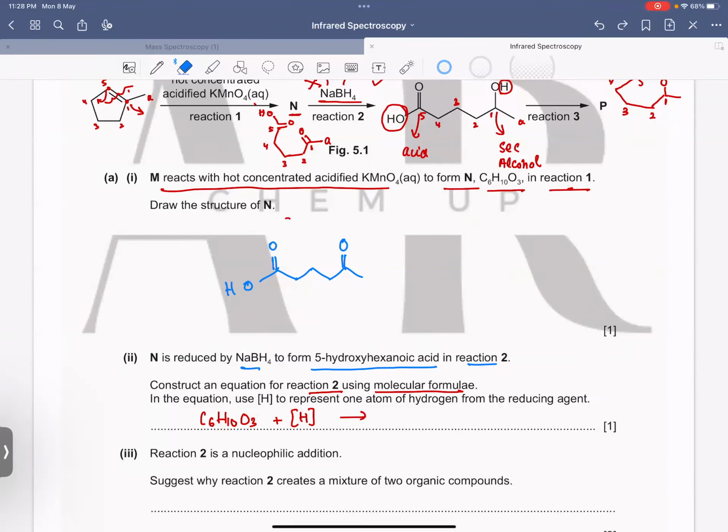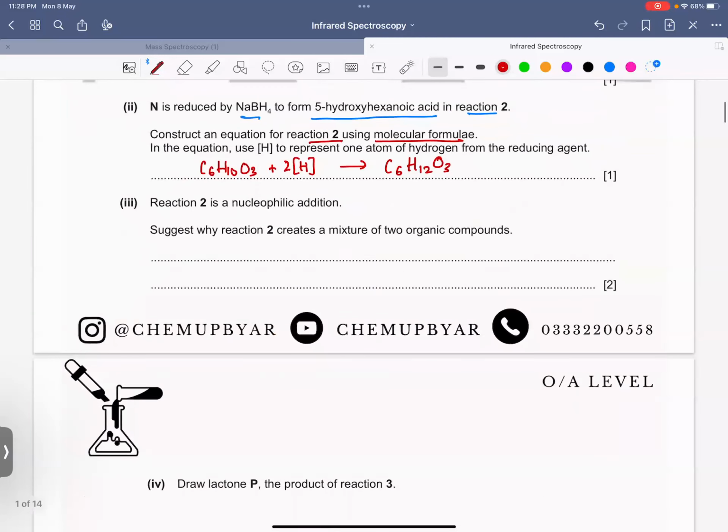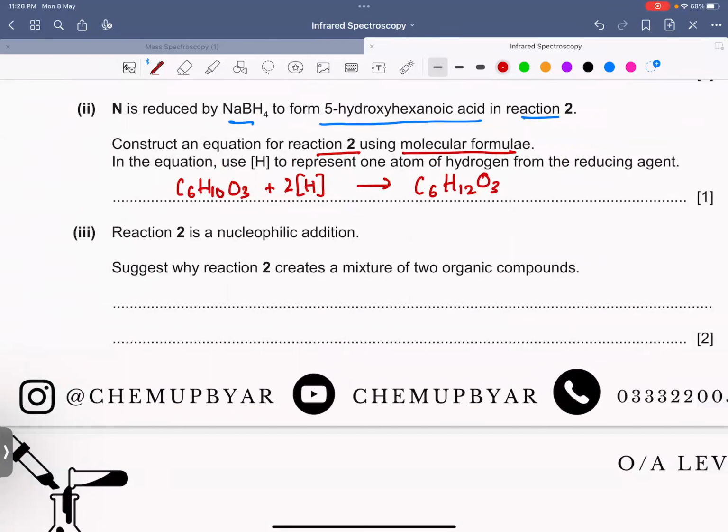So I would put 2 over here, and here it would become C6H12O3. Is this clear to everyone? Yes, yes sir.